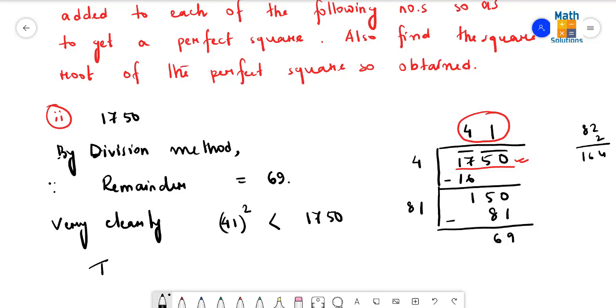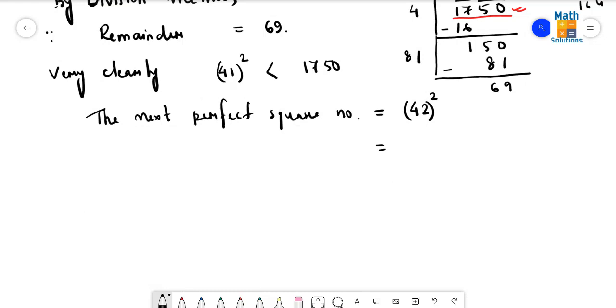The next perfect square number is equal to 42 square. And what could be this result? 42 square means what is the result? Let's find it out. 42 into 42, the result comes as 1764.